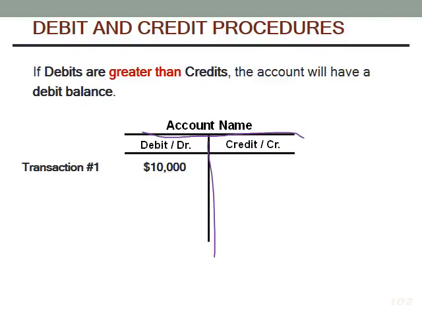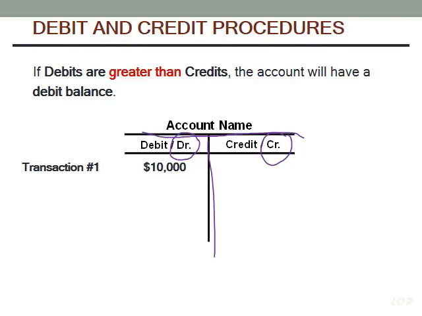Now on the left is always the debit side, sometimes shorthanded as DR for debit. And on the right is always the credit side, or shorthanded CR. The DR and the CR come from an old Latin translation. But left is always debit, right is always credit.